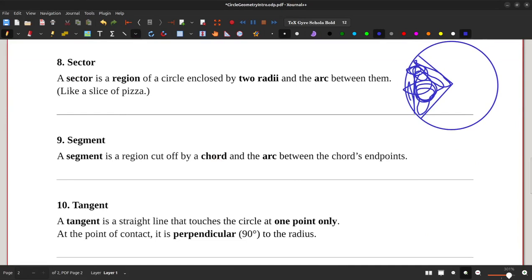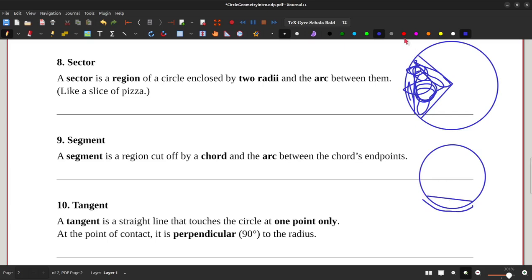So let's try to draw this one too. We have a circle there. And then this is our chord. And then we have an arc here, this side. This is an arc, and that's the smaller arc, which is called the minor arc.